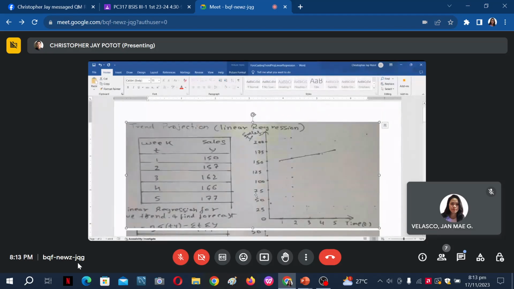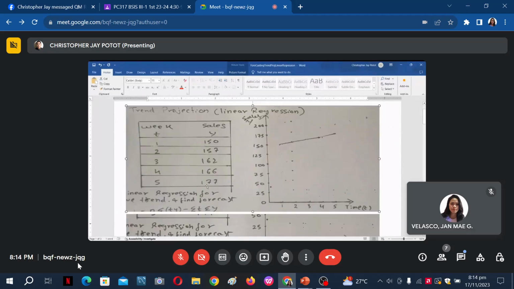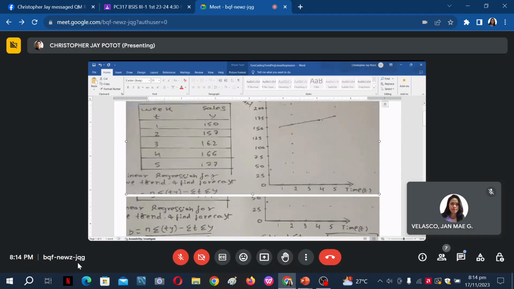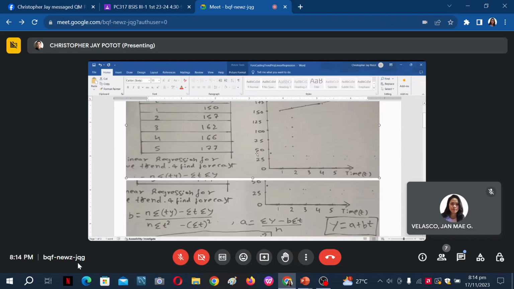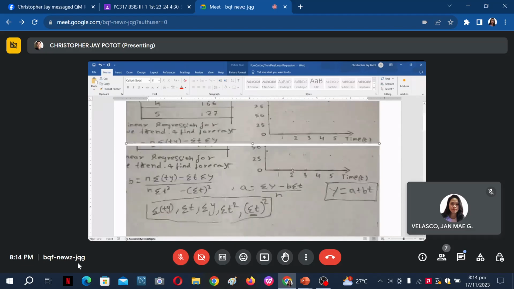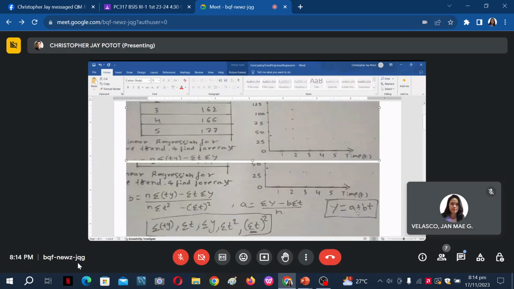Next, the sales for the next weeks. Since the data is given only until week 5, for us to predict, let's use this formula: y equals a plus b times t, or time.